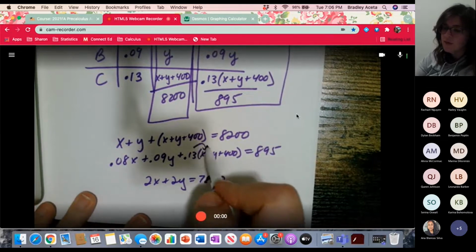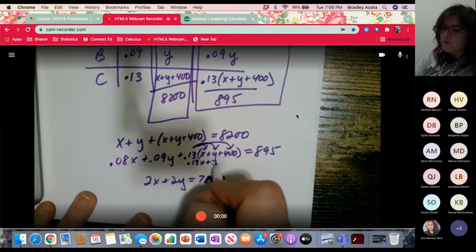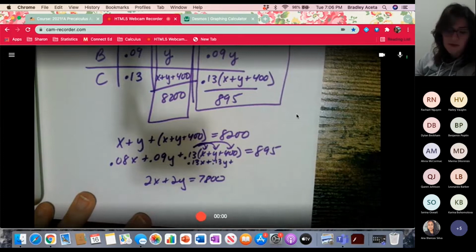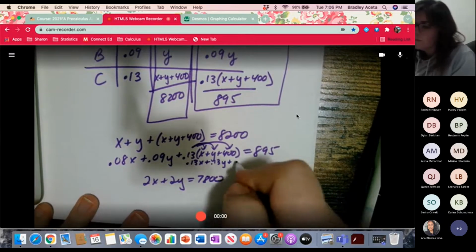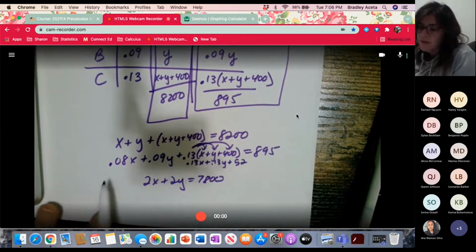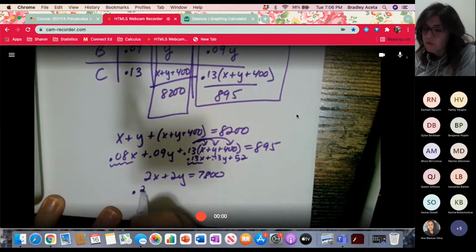And you're going to do the same thing here. You got to distribute that 0.13 to all of these. So 0.13x plus 0.13y plus whatever 400 times 0.13 is, 52. So I'm just going to add 0.08x and 0.13x, and that would be 0.21x.